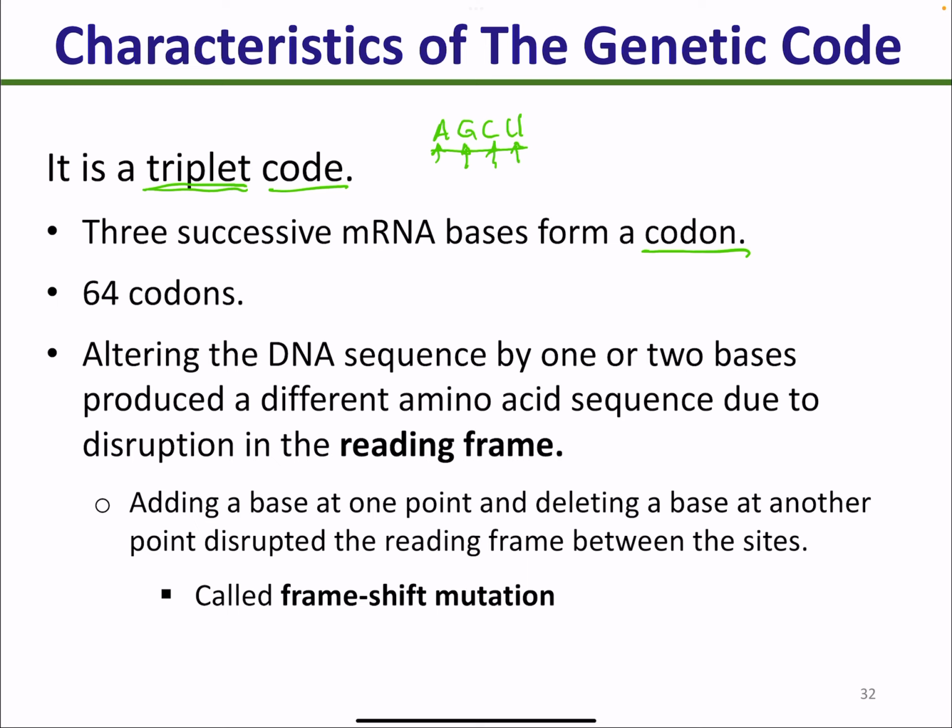Here we only have 4 for 1 nucleotide for 1 amino acid. Therefore, the genetic code cannot be 1 nucleotide for 1 amino acid.